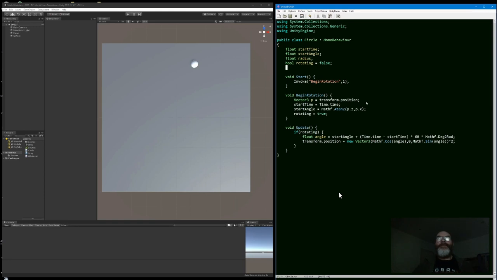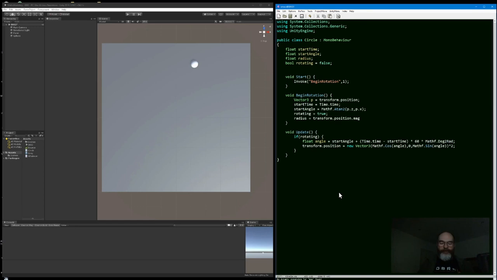The radius is going to be set equal transform dot position dot magnitude, right? And then instead of multiplying by this 2, I multiply it by my radius.